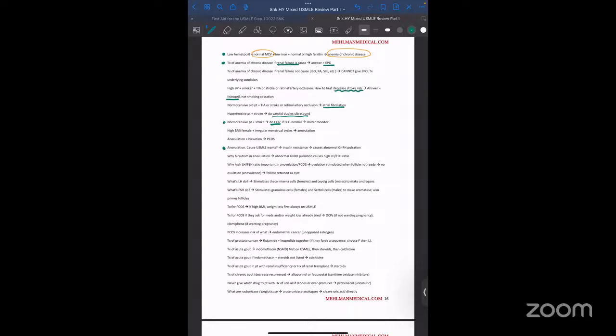Why hirsutism and anovulation? Abnormal GnRH pulsation causes high LH to FSH ratio. This is also a question. Why is high LH to FSH ratio important in anovulation or PCOS?